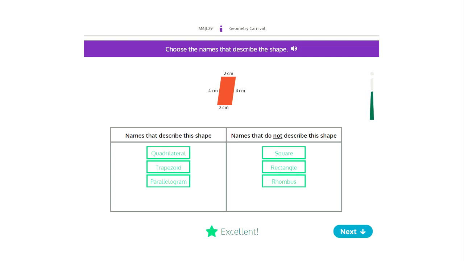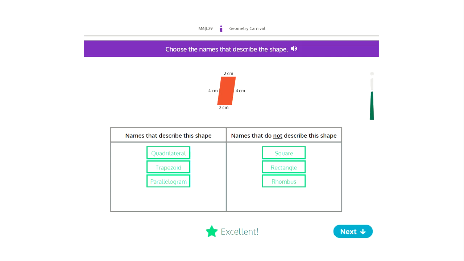Let's talk about why. Well, quadrilateral describes the shape because a quadrilateral is a polygon with 4 straight sides. This shape does have 4 straight sides. Trapezoid. Remember, a trapezoid is a quadrilateral that has at least 1 pair of parallel sides.